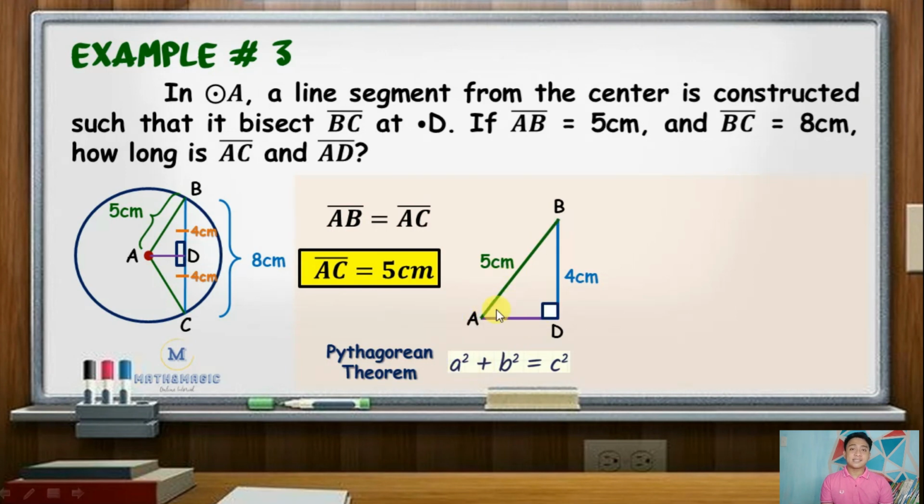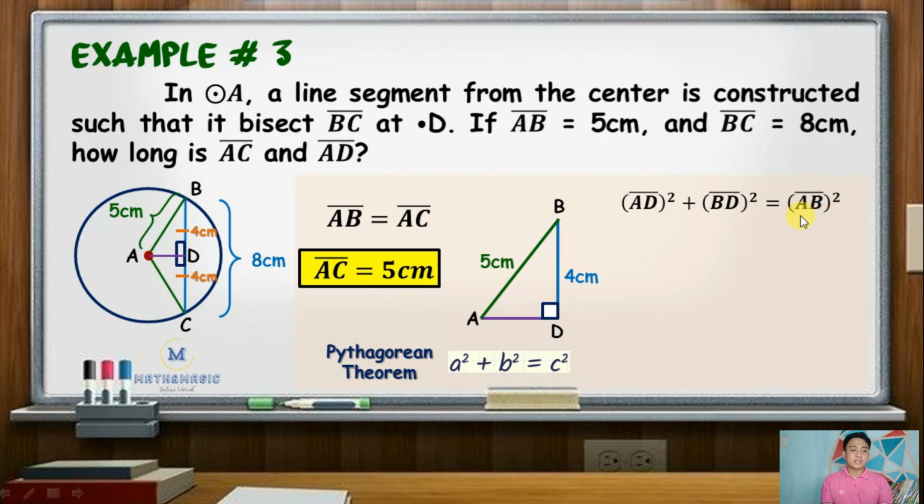Here that is the line segment AB. Then a and b are the legs, which are segment AD and segment BD. Equation will be the square of segment AD plus the square of segment BD equals the square of segment AB.